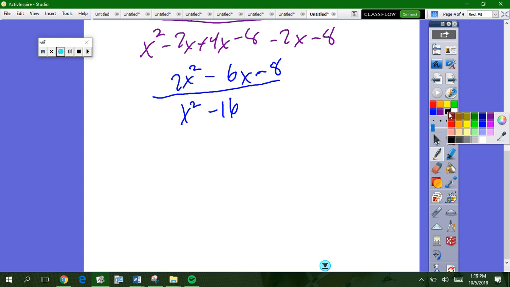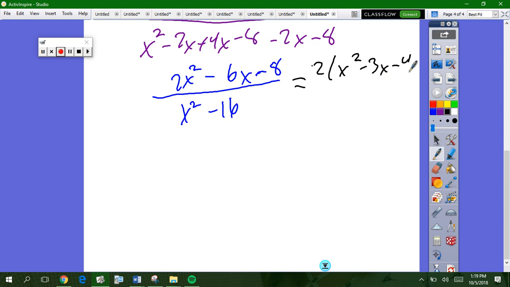Does everybody see that? And that guy factors to be... what does the bottom factor to be? Because it's a difference of squares, right?